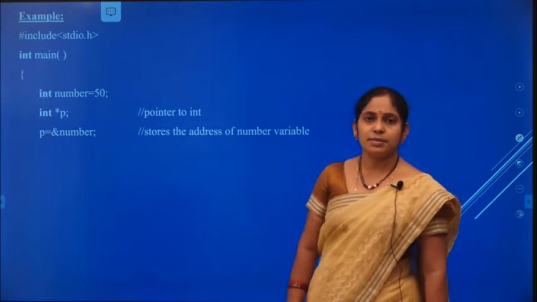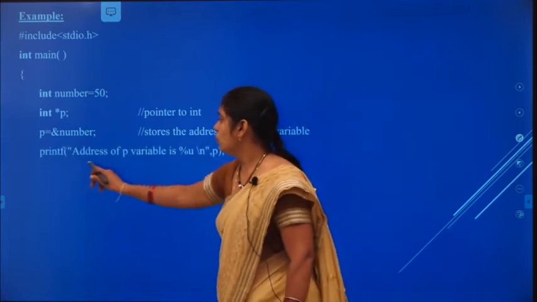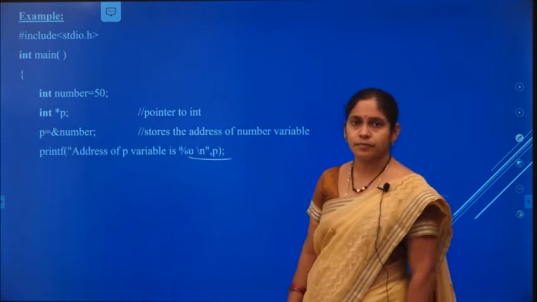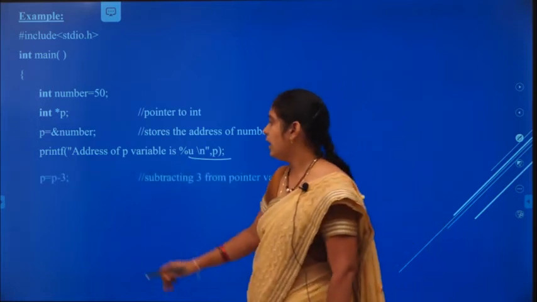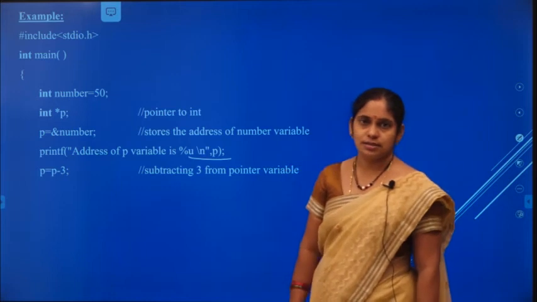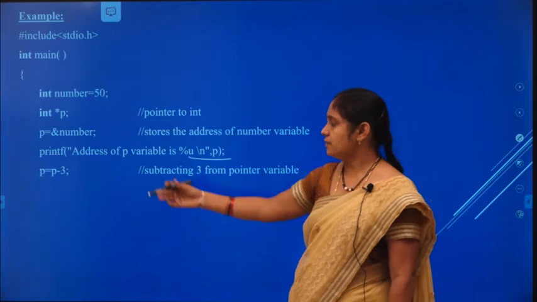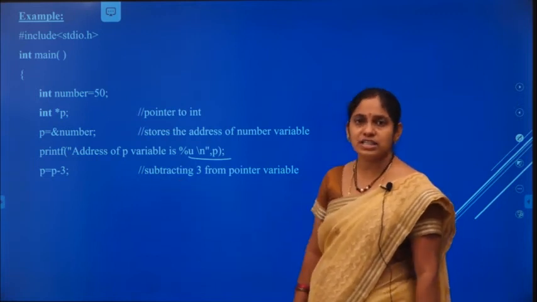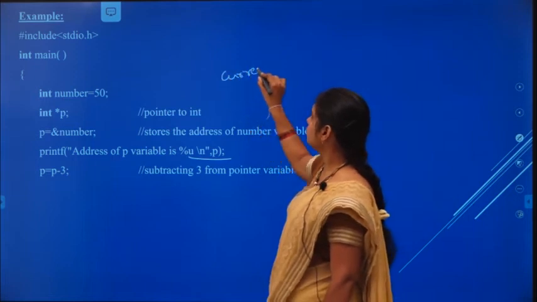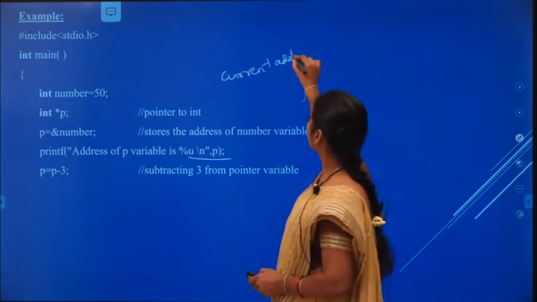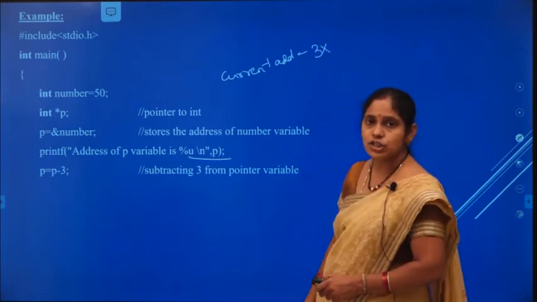Before performing the subtraction, we print the value of p, the value stored in it. And then p minus 3. We are subtracting 3. As we saw in the formula, current address minus number into size of the data type.